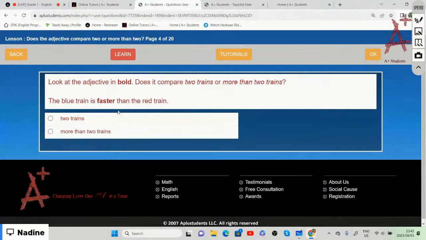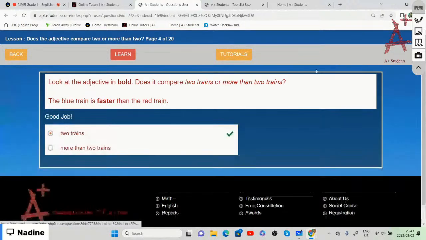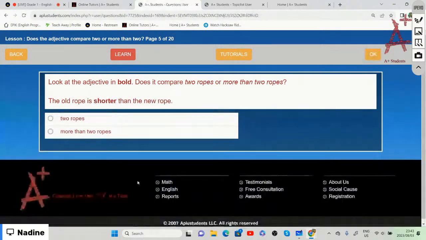The blue train is faster than the red train, right? So in this case, the blue train is being compared to the red train. So we will say that two trains are being compared. The old rope is shorter than the new rope, right?